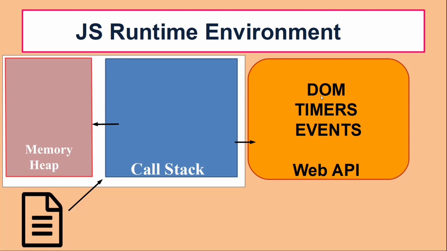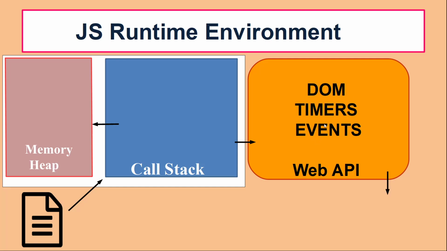So if you see a document command, like if you want to grab something from the document, which is like the HTML tag, the DOM, this would operate in the Web APIs. If you're doing any sort of timer, this would operate on the API. If you're doing any kind of event, like if you're waiting for users to interact, this operates on the API.